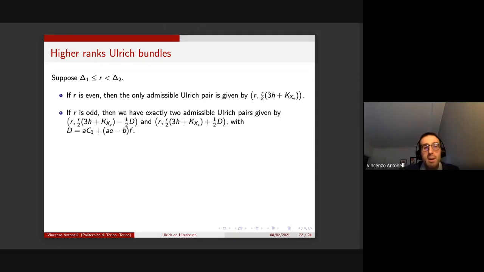Ulrich bundles, and one way to construct them is to use the resolution. You can use Macaulay 2. You can use a software, because, as I told you, this resolution is nice in terms of the maps involved, and you can construct a vector bundle, a sheaf, using Macaulay 2.